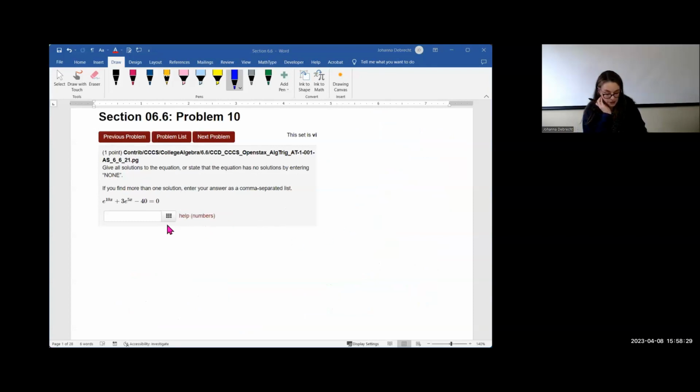On problem number 10, we can see that we have a term 3e to the 5x and a term e to the 10x. The 5x, if you double it, gives you 10x, which means this one's probably quadratic in form. So make the substitution that u is equal to e to the 5x, which means u squared is equal to e to the 10x.